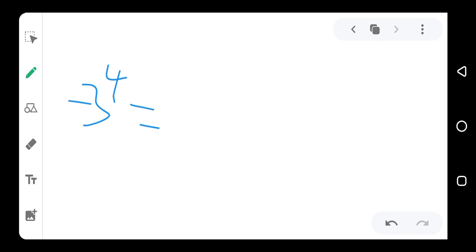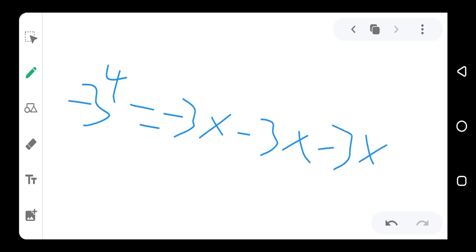So this one is just minus 3 times minus 3 times minus 3 times minus 3. So you can see the difference. When the minus is on top, you have to write 1 over the number raised to power positive. But if the minus is just at the back of the number, you just find the number of times the negative number is occurring by looking for the power that it contains.